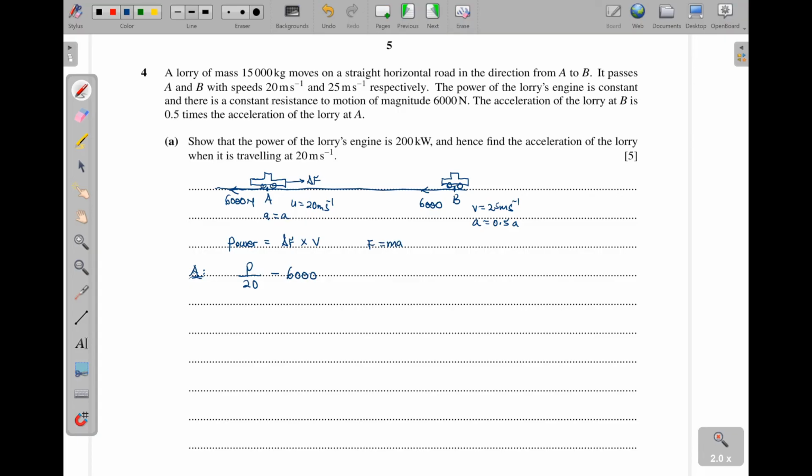So minus 6,000 is equal to the mass of the car, 15,000, times the acceleration, which is A. Now, we can multiply all through by 20. Actually, let us first take this one here so that it becomes positive. So we get P equal to 6,000 plus 15,000 A, then multiply all through by 20. You see that? That is now equation 1.